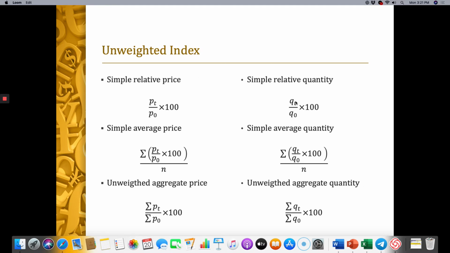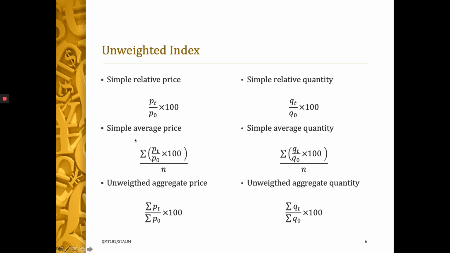For quantity, you just change the value of P into Q. For simple relative quantity, we will use quantity of the current year divided by quantity of the base year times 100. In simple average price, the formula is the summation of price at the current year divided by price at the base year times 100, divided by N. Here N is the number of items.